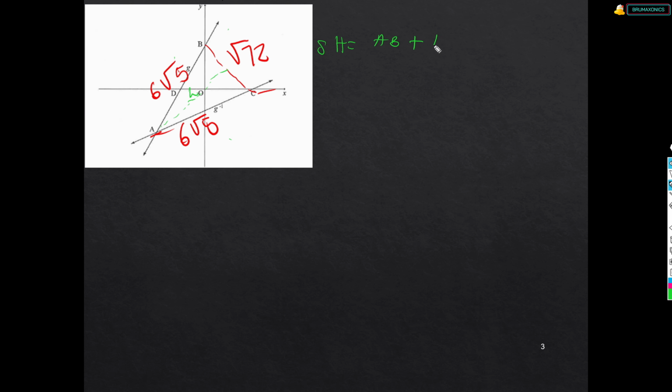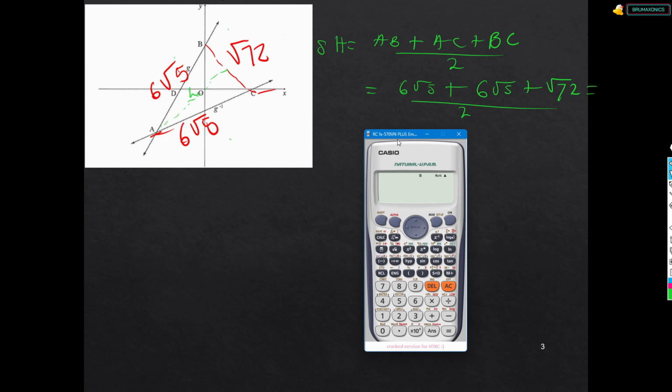add all the sides, BC, and divide them by 2, which is equal to, so I'm going to take 6 square root of 5, plus 6 square root of 5, and then plus that, right? And then this is equal to, let me use a calculator to be quick.